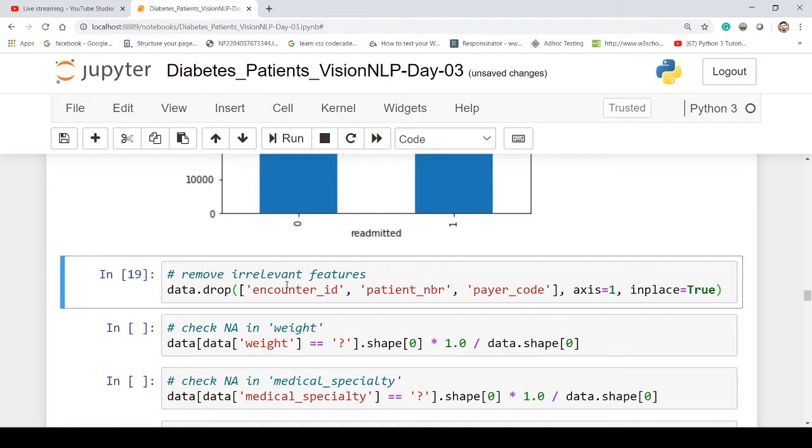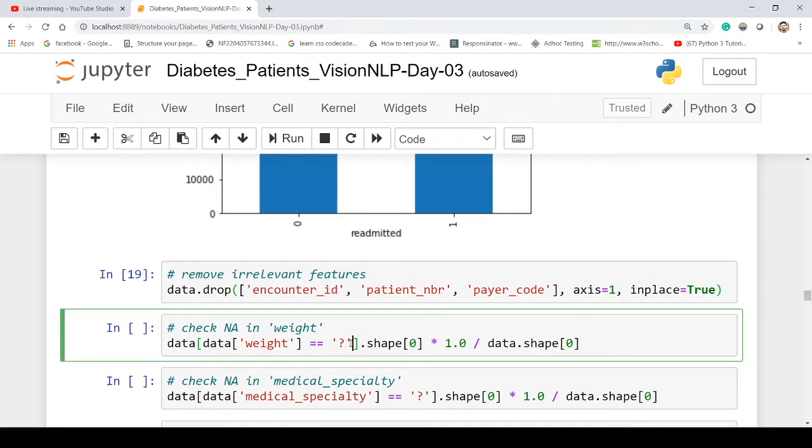Now these variables are dropped. Now check NA in weight, because it has a lot of these question mark null values, right? So we'll just take a quick percentage: shape 0, that is the index, divided by data dot shape.